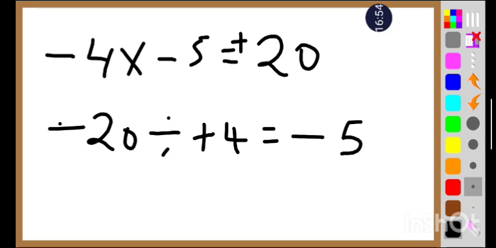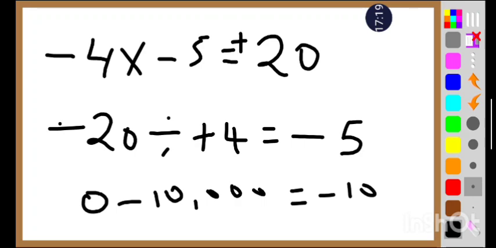I'm bringing it in a realistic real life application. Initially you have 0 in your account, and you take 10,000, meaning minus 10,000. You see that it will give us negative 10,000.